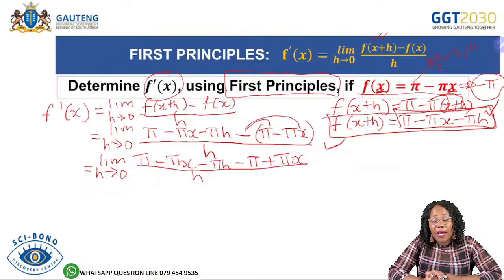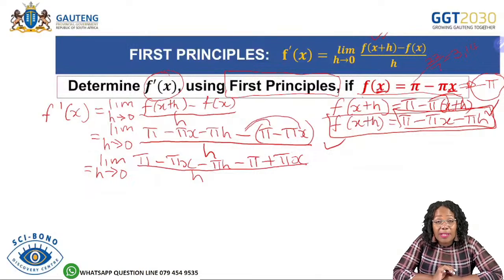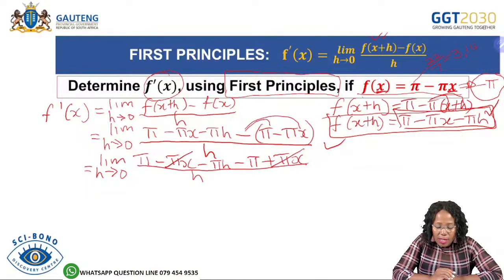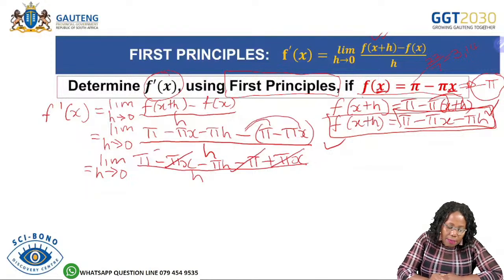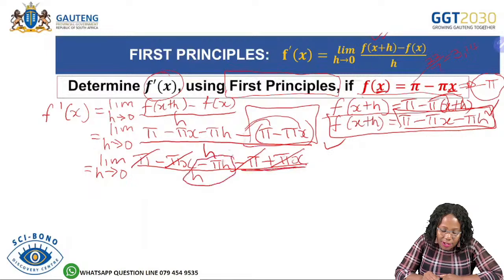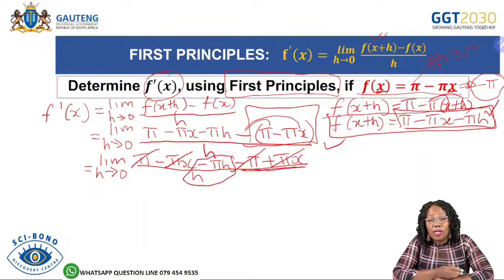After removing the bracket, remember there will be some cancellation, or the subtraction that is giving you 0. So pi x minus pi x is 0. Can you see that? Minus pi plus pi is 0. That means eventually this subtraction will disappear. It must all disappear, and you must be left with whatever is containing an h.